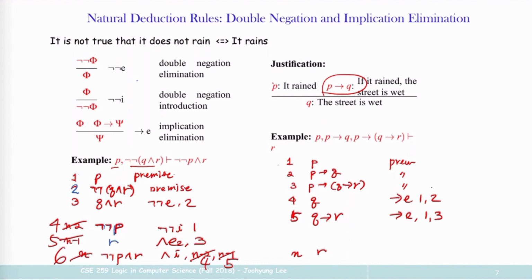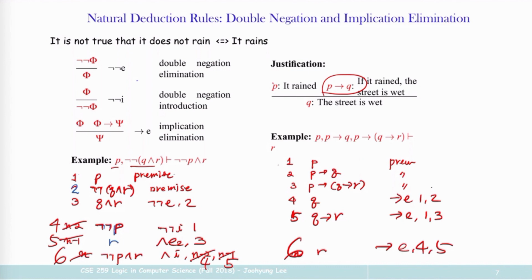How can you derive R from the first 5 lines? Implication elimination on 4 and 5. If you look at 4 and 5, 4 says Q is true, and 5 says Q implies R is true. Again, the implication elimination rule will say R is true. So we are done. Implication elimination for lines 4 and 5 gives line 6.